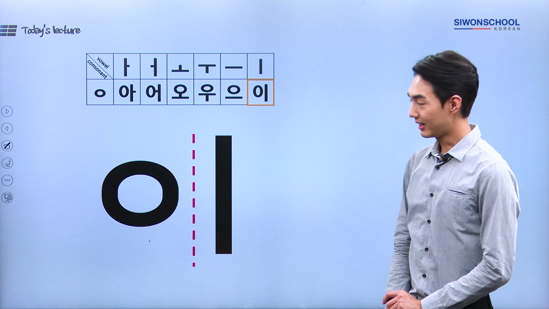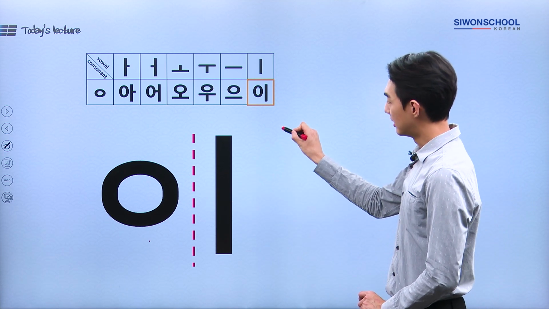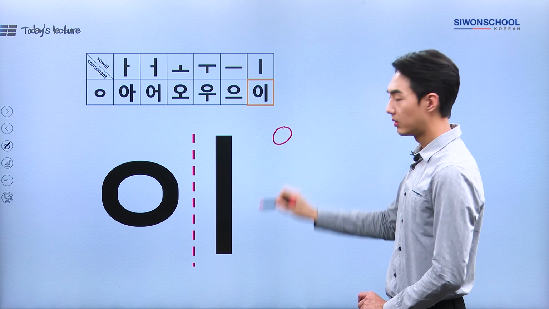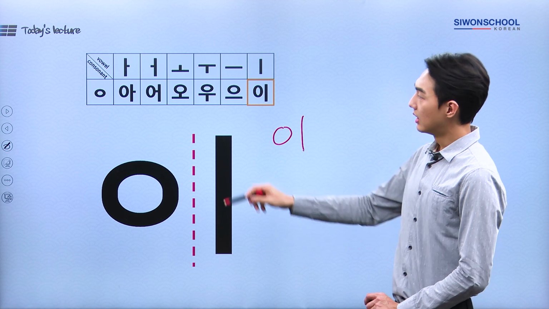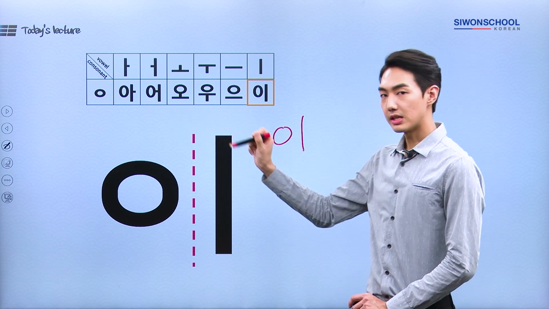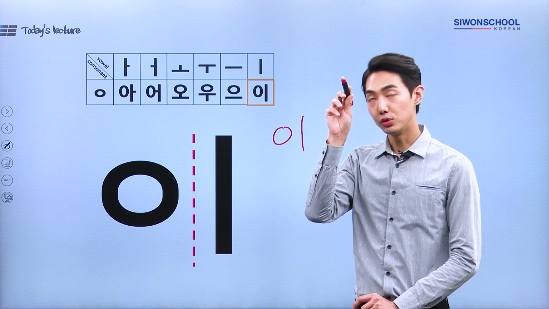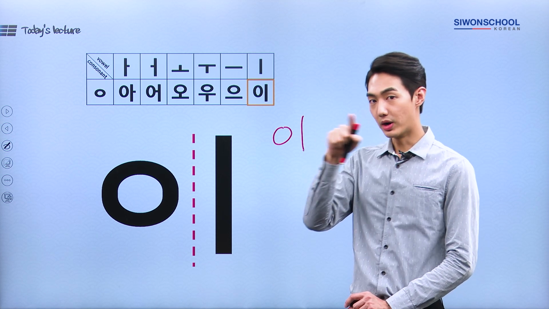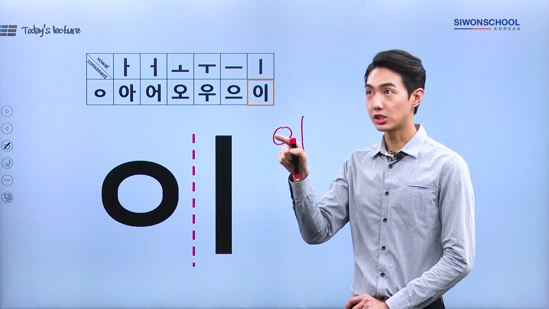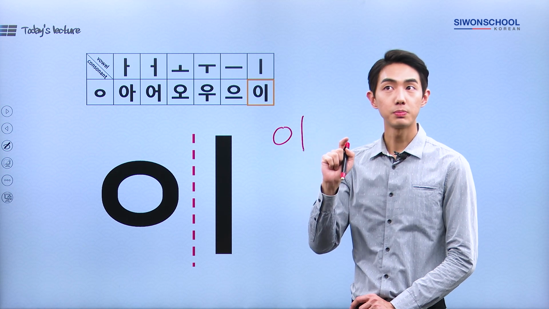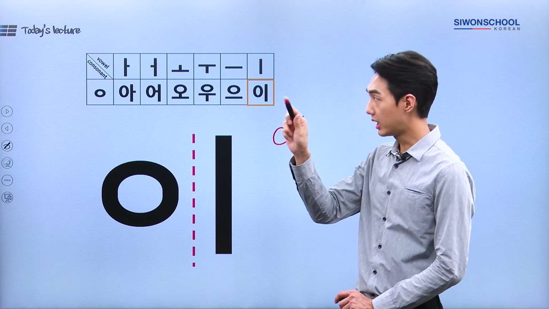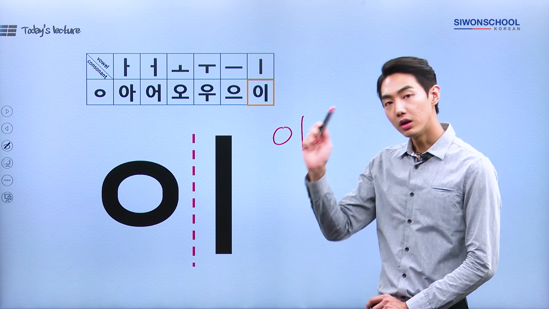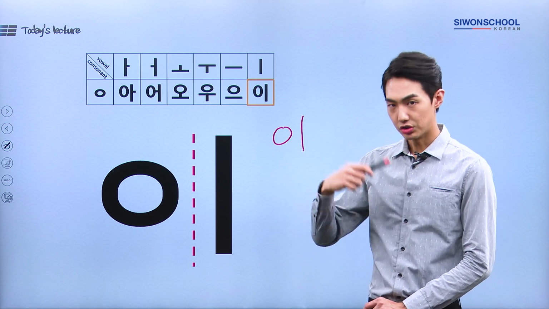이. Okay? So same thing. Write a perfect circle and go down like this. The rest of this is, you know, top to bottom and then left to right usually. 100%, I think. Top to bottom and left to right. So as long as you remember, it's very easy to write it down.